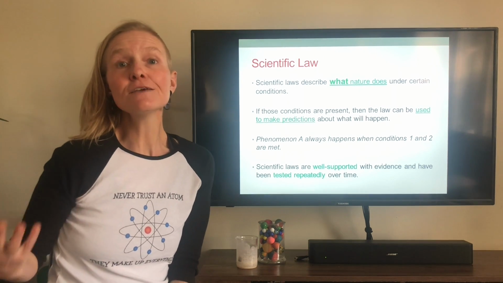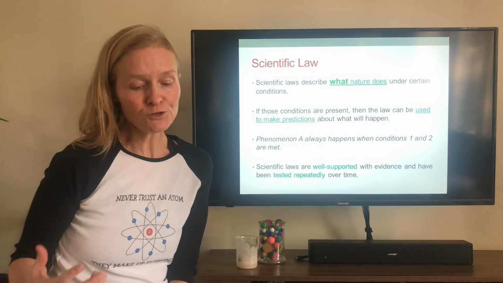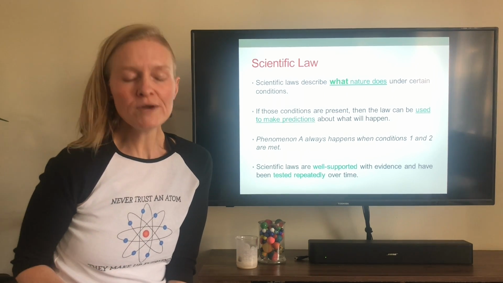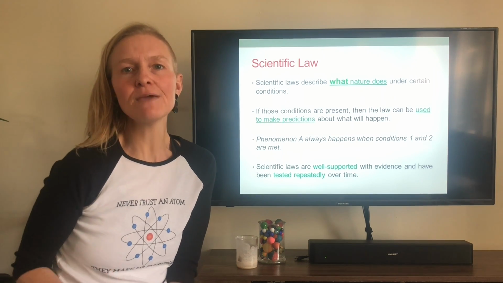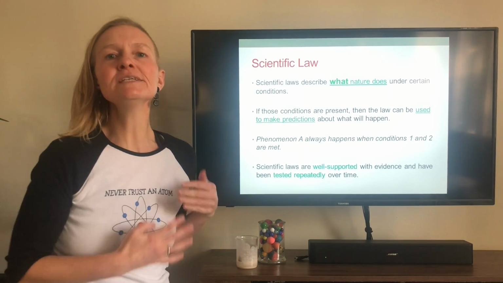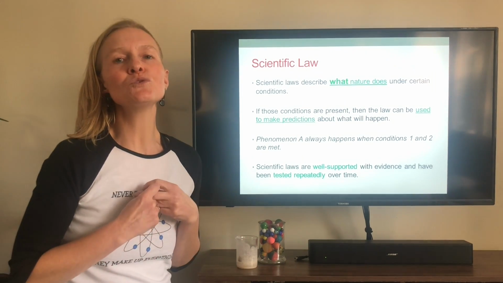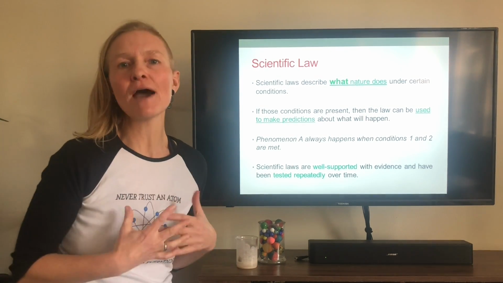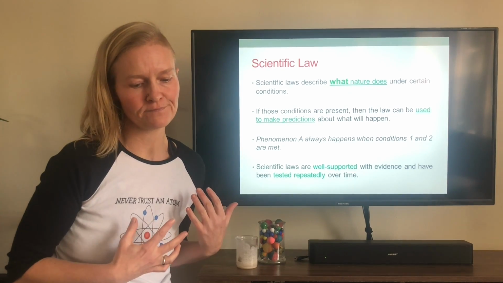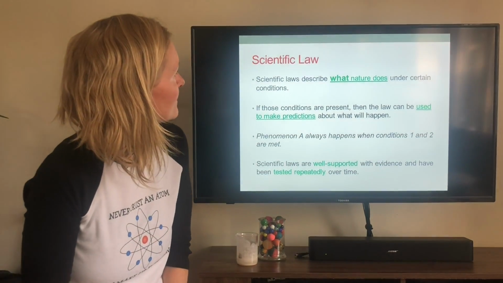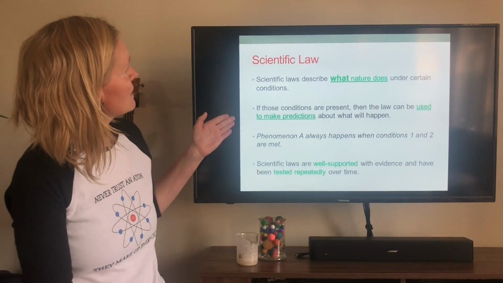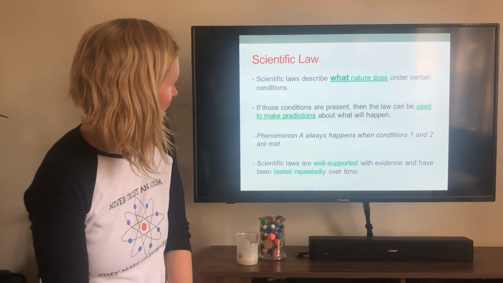So these scientific laws that have been discovered over time should always be testable with the same outcome. So you can always test these laws and should be able to predict that you will have the same outcome each time. And so here we have a definition of a scientific law.